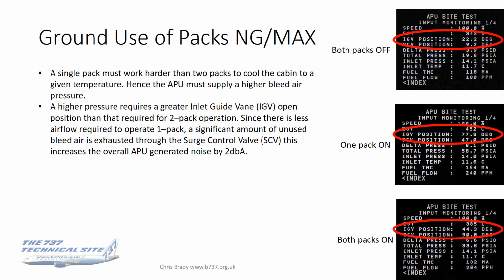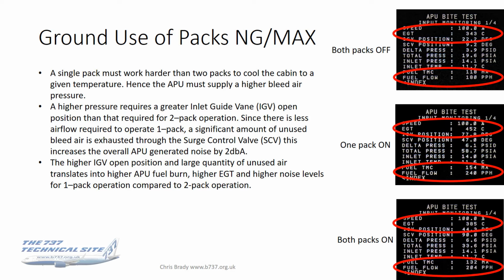Now, since there's less airflow required to operate 1 pack, a significant amount of unused bleed air is exhausted through the surge control valve, and this actually increases the overall APU generated noise by 2 decibels. So it's actually louder as well, single pack, than both packs.